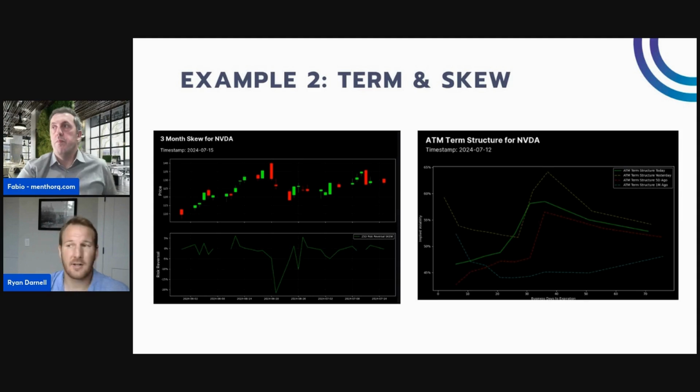But let's say you're bearish. This is a little bit more advanced strategy, but knowing that the put skew is the way it is, those out of the money puts are going to be much more expensive, and the calls are going to be relatively cheaper. We could look at buying an in the money put, which uses the implied volatility from the calls because it's in the money.